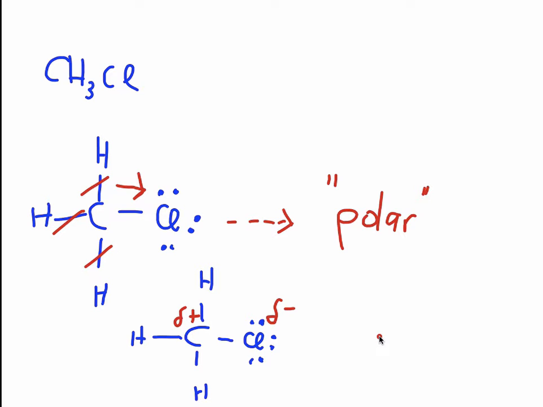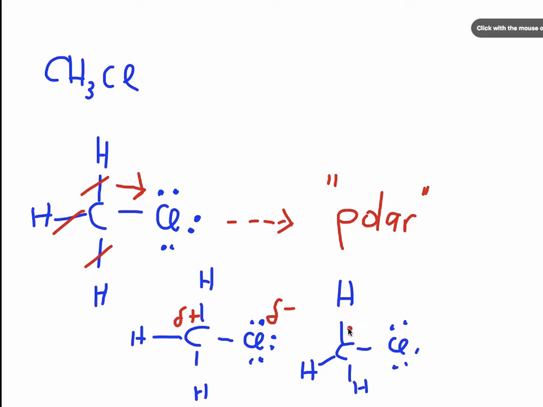So when you have more of them, and you always do have more of them, the C is going to be here, and the Cl is going to be over here. Okay, and we got our partial charges there, partial positive, partial negative.